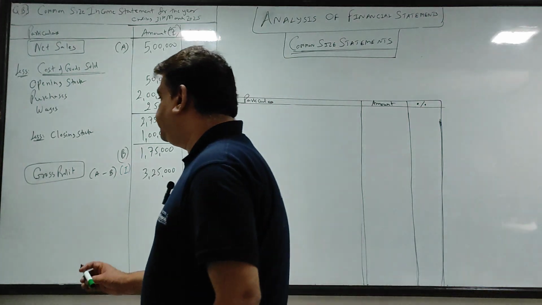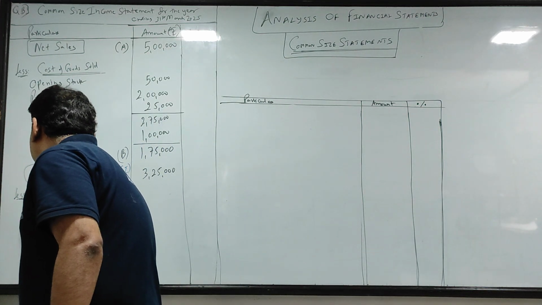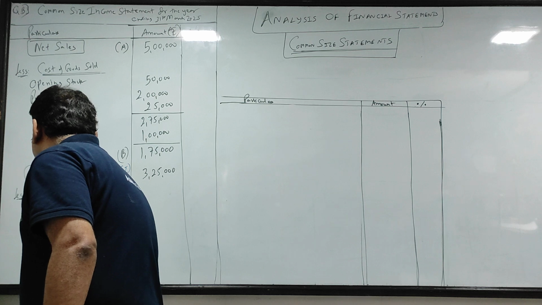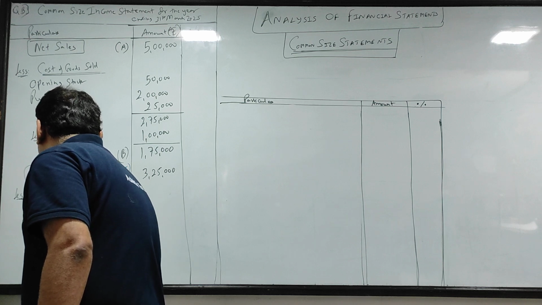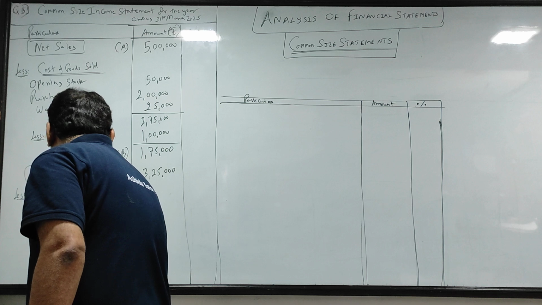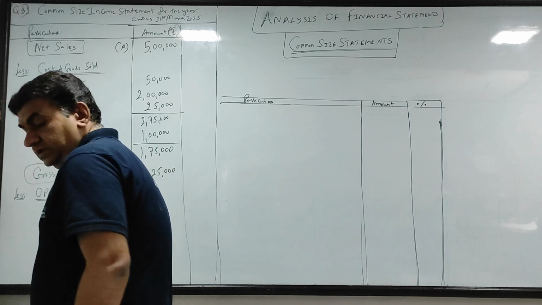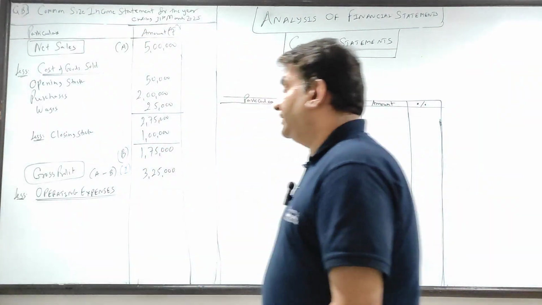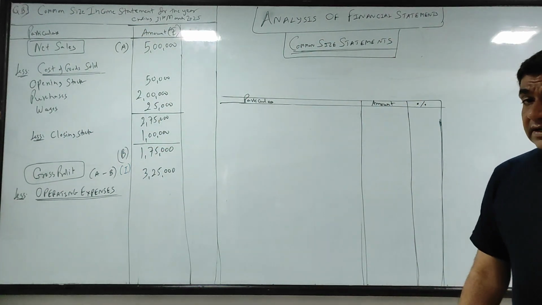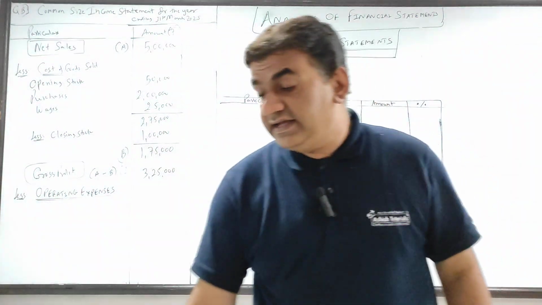Now, from this, you all know very well, expenses are classified into two categories: operating and non-operating business expenses. So first, operating expenses. Expenses which are operating are classified in three categories.